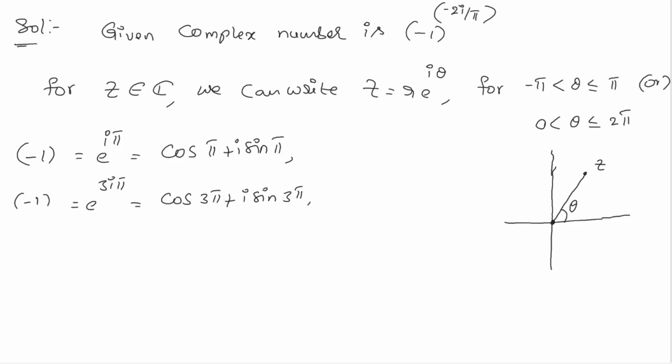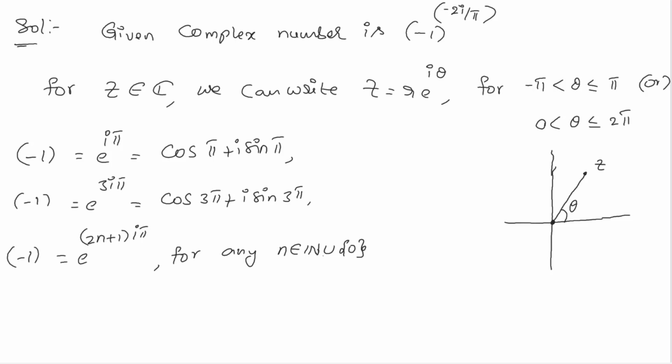In the same way, we can write minus 1 as e to the power of (2n plus 1) times i pi for any natural number n, or n union the singleton set 0.